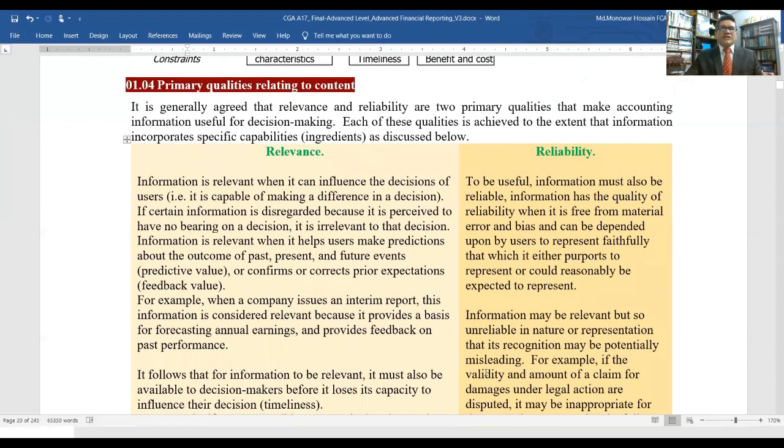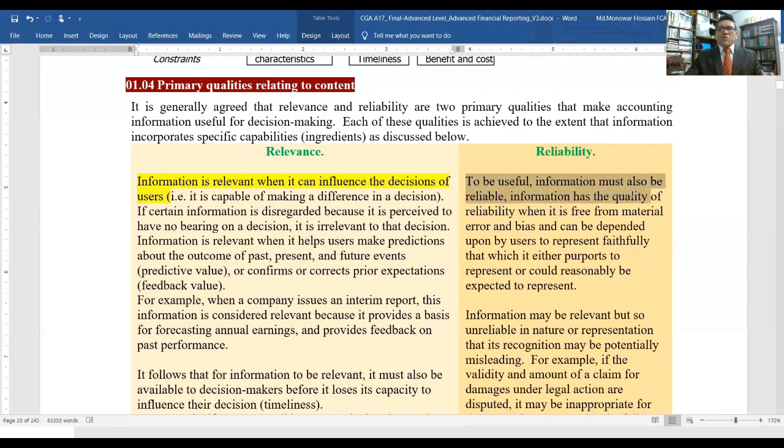So the primary qualities relating to content should be relevance. That means information is relevant when it can influence the decisions of the users. And reliability: useful information must also be reliable information.